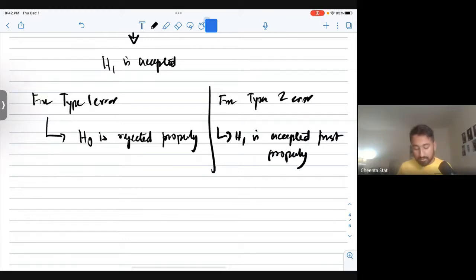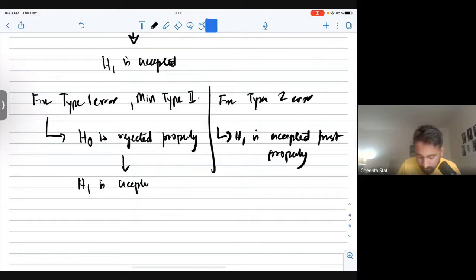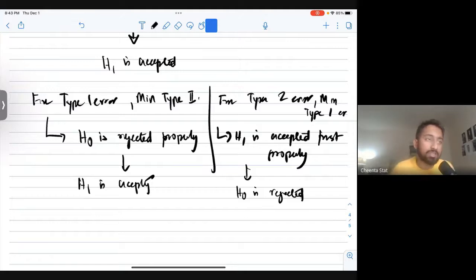Both are different. If you fix a type 1 error and minimize type 2 error, we are first rejecting h0 and then accepting h1. But if you fix a type 2 error and minimize type 1 error, we are first accepting h1 properly, and hence we are rejecting h0 because h0 is not accepted properly.